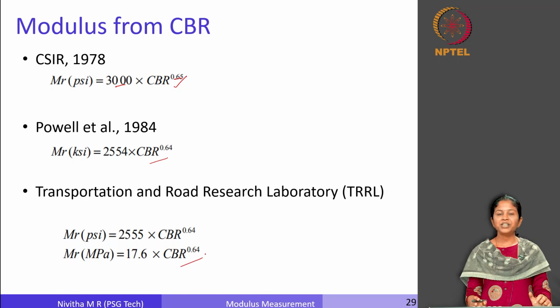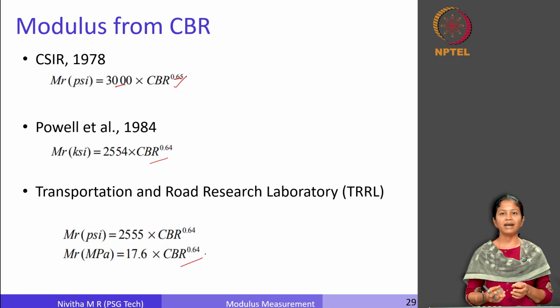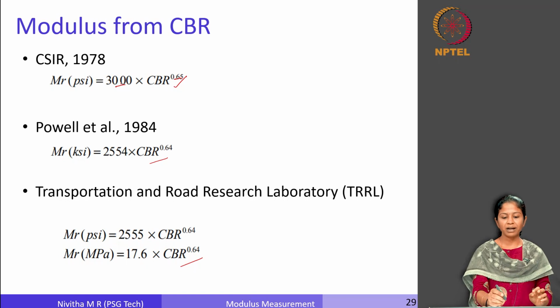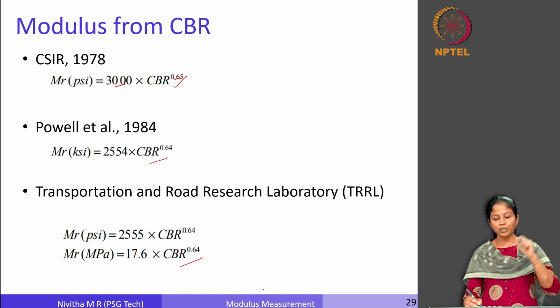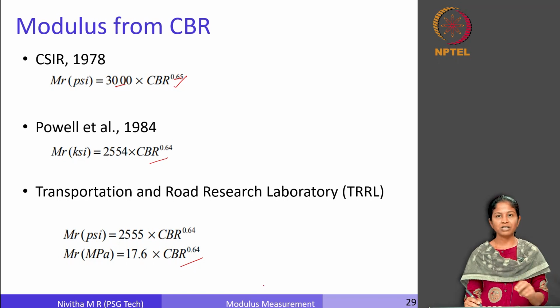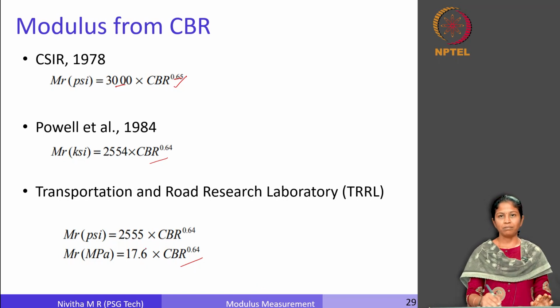All these equations had different sets of samples. For one case they used some fine grained sample, in another test they took coarse grained sample. In one case the soil was of very low strength, in another case they took a soil which has a high CBR value. So, depending upon the sample that they took for arriving at the constants, the relationship also varied. That is the reason why each of these studies got different constants for this relation between CBR and resilient modulus.